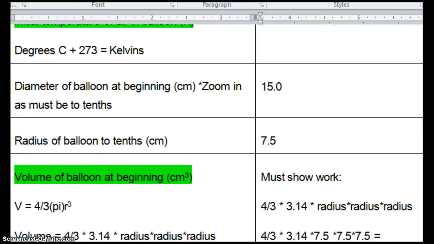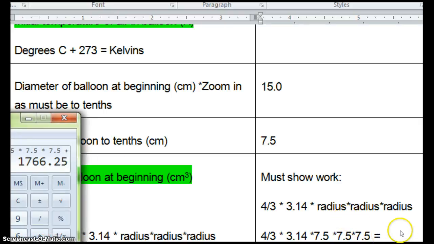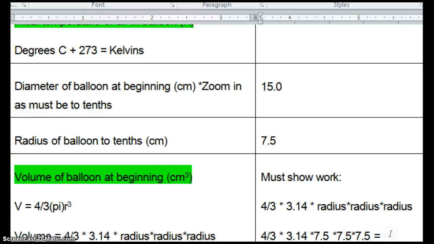You should get 1,766.25. Now, if you have used pi in math and you've used the pi button on your calculator, your answer is going to be a little bit different than mine. Okay, so that's why you might have gotten something else if you used the pi button.